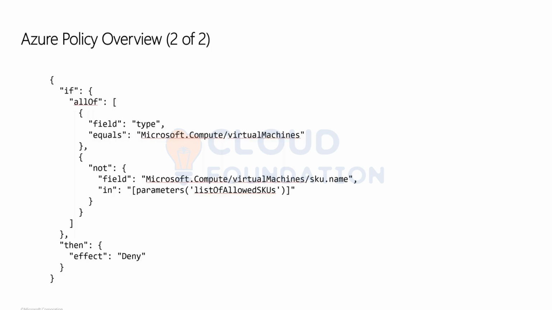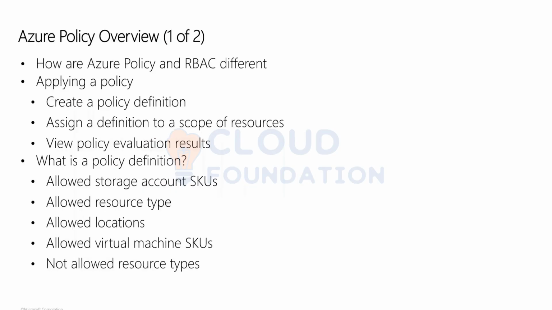As far as Azure Policies are concerned, Azure Policy is not about users. Azure Policy is about resources. Now, what do I mean by that? If you see the example over here, sorry, I think I skipped. Here, if you see the resources over here.